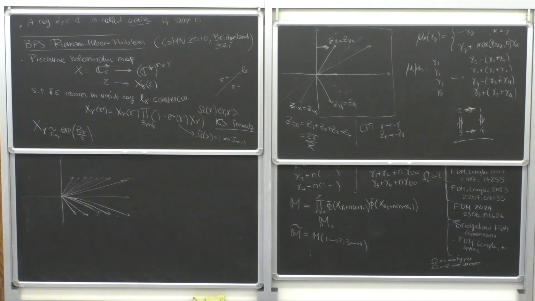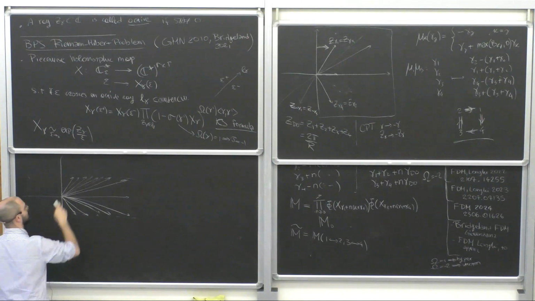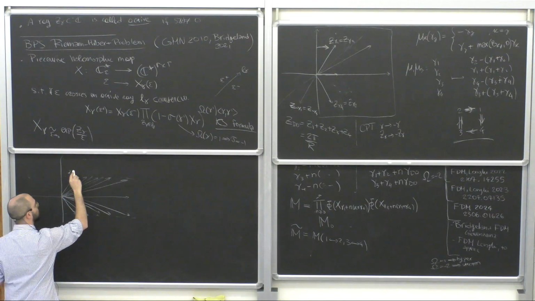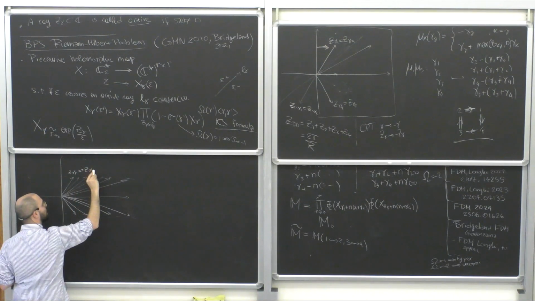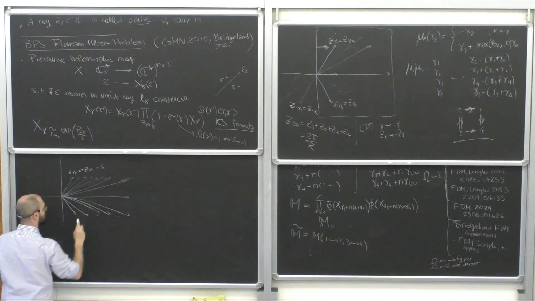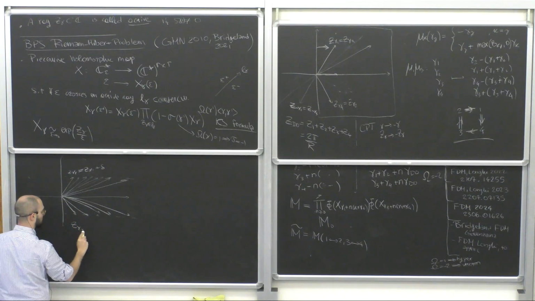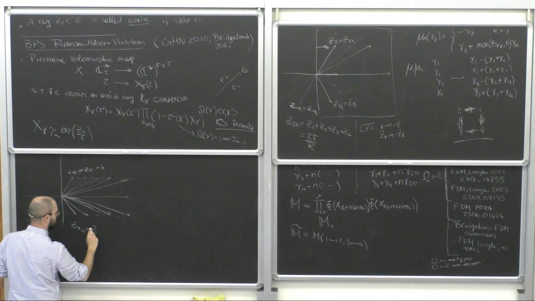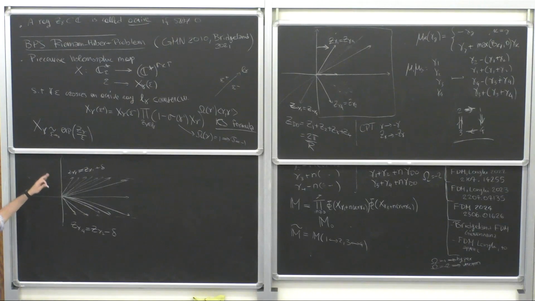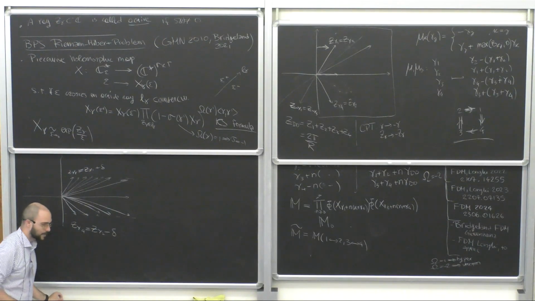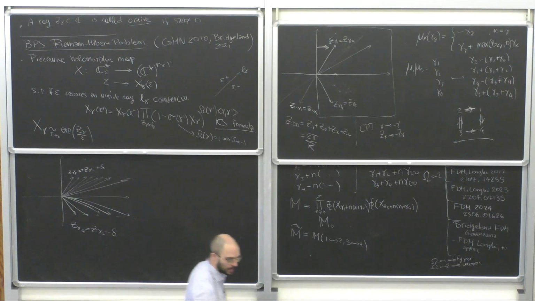And you can show that Z gamma 3 is equal to Z gamma 1 plus some real delta. Z gamma 4 is equal to Z gamma 2 minus the same delta, so that the sums are still on the real axis. Then there's no wall crossing.